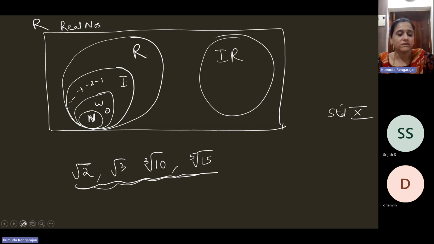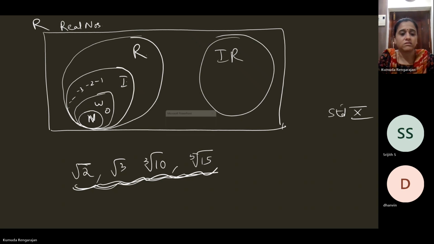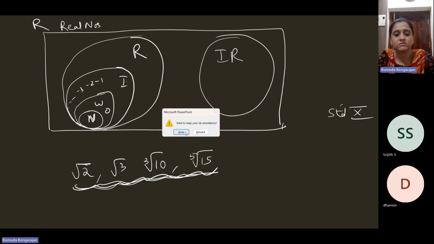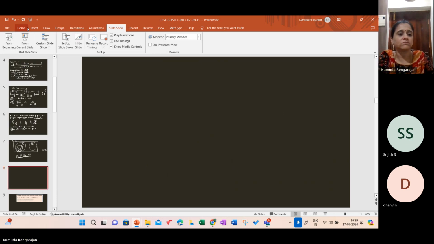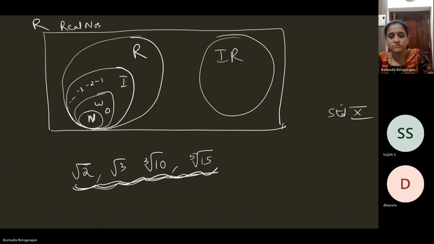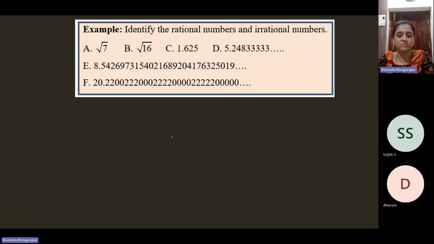So these are some examples, just to mention. We'll just discuss decimal numbers so that we can give more examples on irrational numbers.